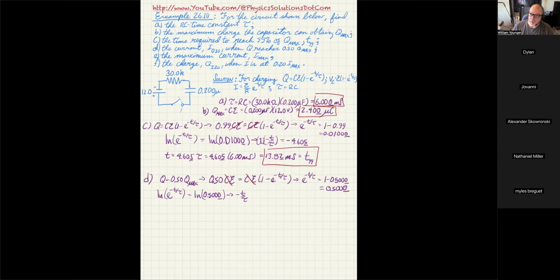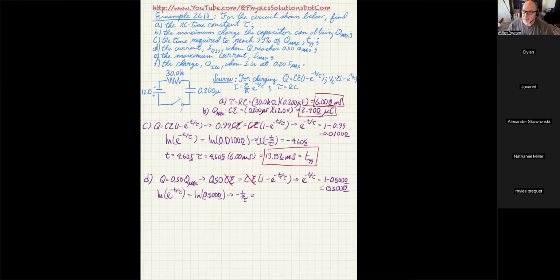Remember, y equals log base b of x implies x equals b to the y. That's the fundamental thing that everybody should have memorized, and then you can sort your way through any exponential or logarithmic expression. So now I've got negative t over tau is equal to the ln of 0.500.